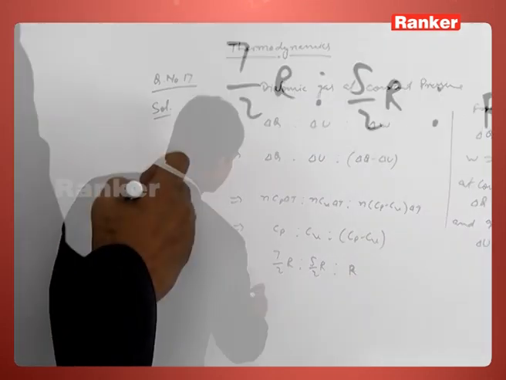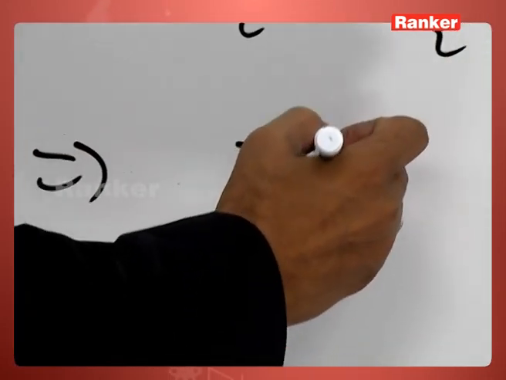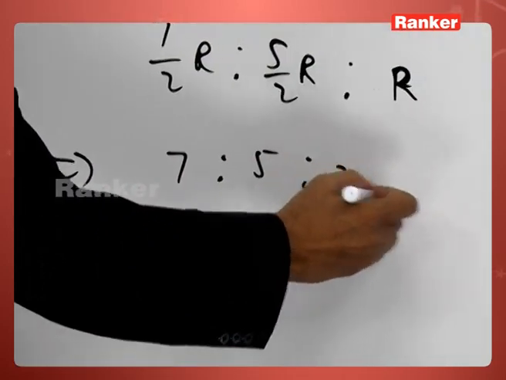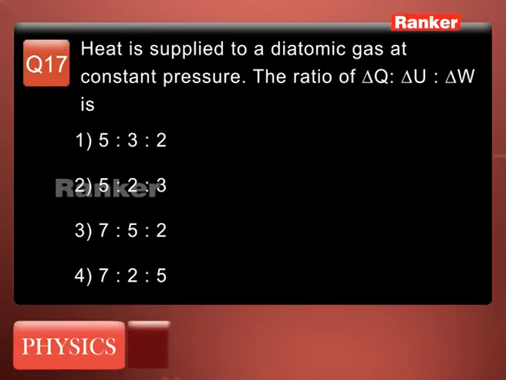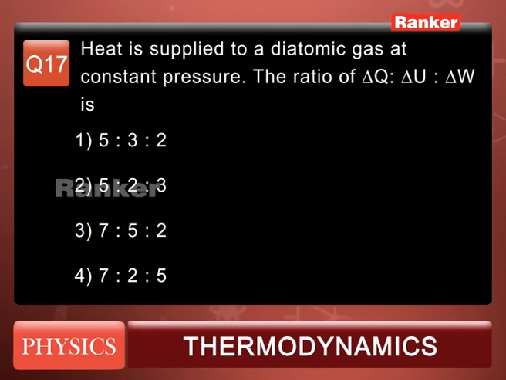So this can be further written as 7:5:2. Hence the answer is option 3, the correct option.